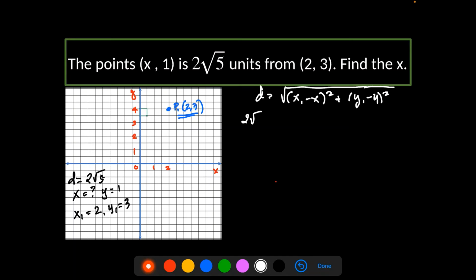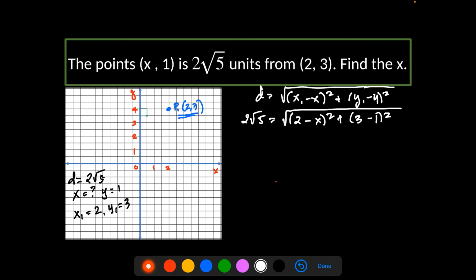So distance is 2 square root of 5, square root of (2 minus x, the unknown) squared, plus (3 minus 1) squared.